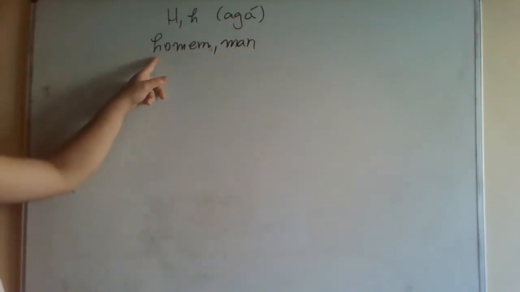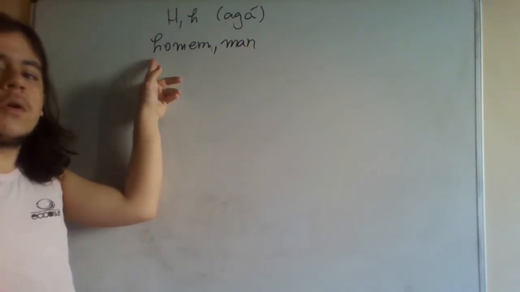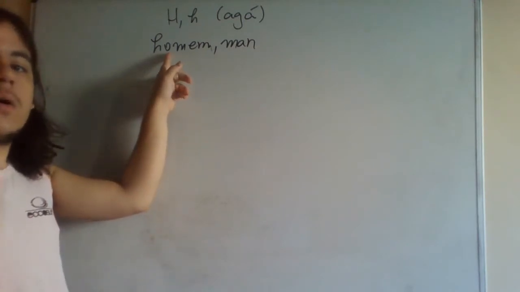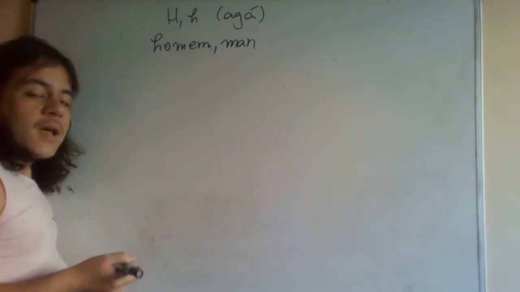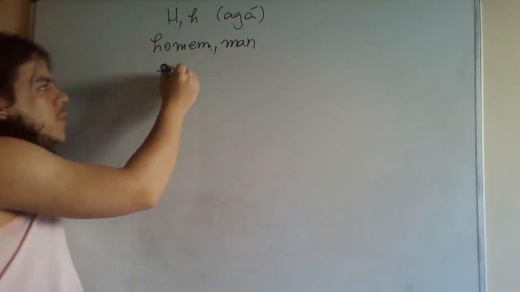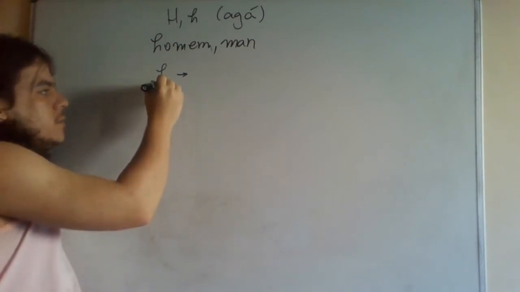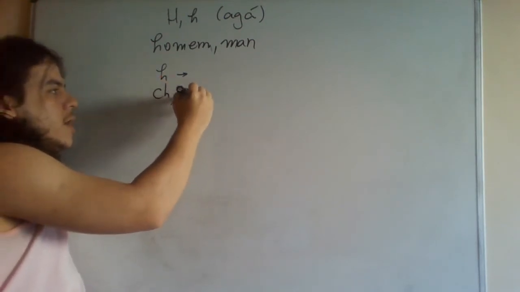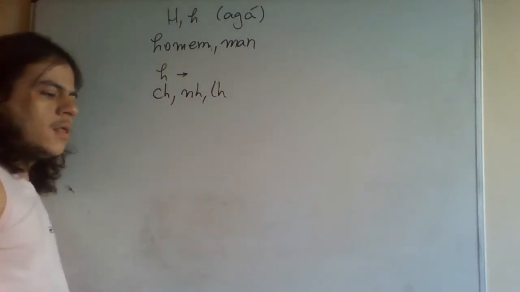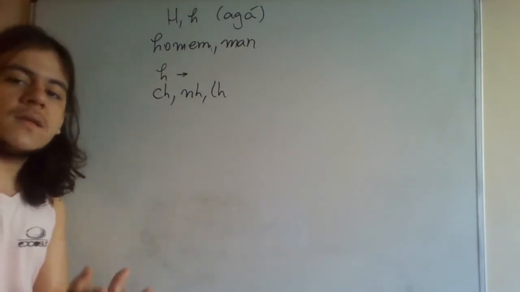So letter H at the beginning of a word has no sound. We start the sound at letter O, homem. Next class, we're gonna see that letter H, when it comes together with letter C, like this, letter N, like this, or letter L, like this, they will combine into a unique sound.